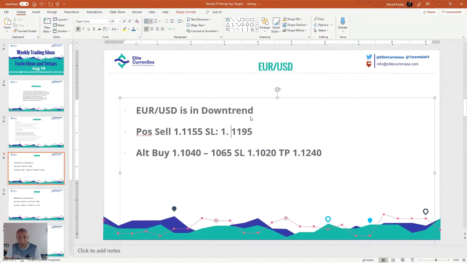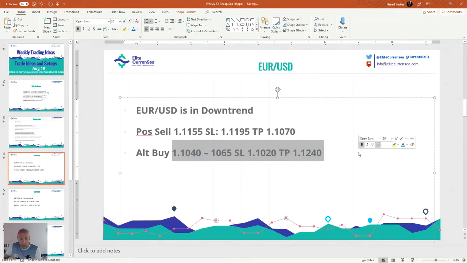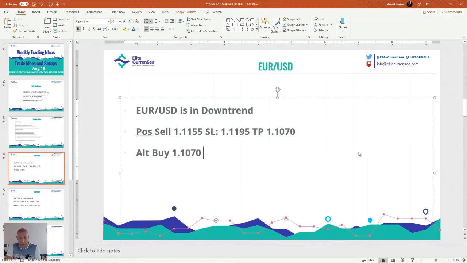And target, guys, I think we could see a counter trend move. So target is 1.1170. Now an alternative buy could kick in at 1170 with stop loss at 1130 with a TP at 1.1155.